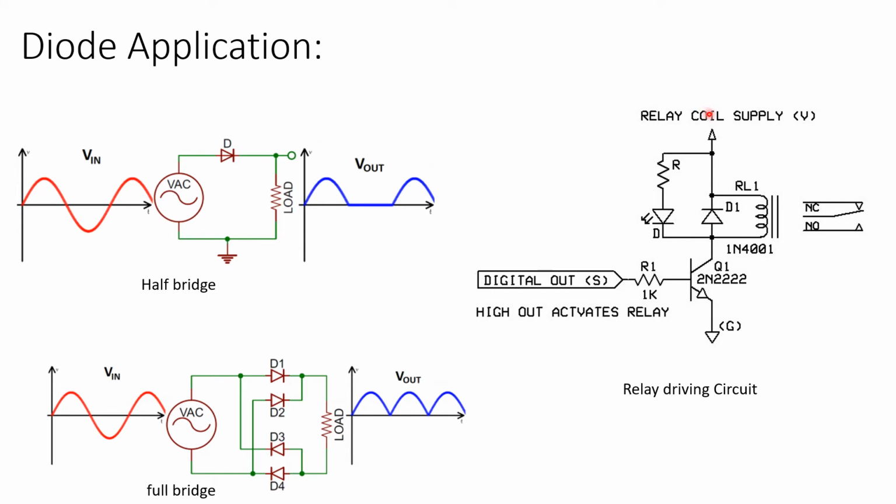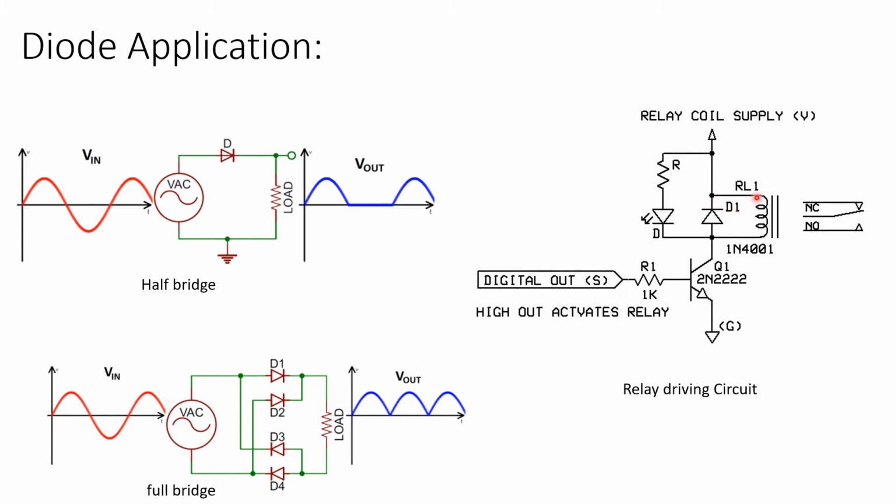So what will happen? Once you switch on, current will pass through the RL1, go to the transistor and go to ground. But once you switch it off, whatever energy is stored in the relay will pass through the D1. That's called freewheeling. Basically, it is a freewheeling diode.